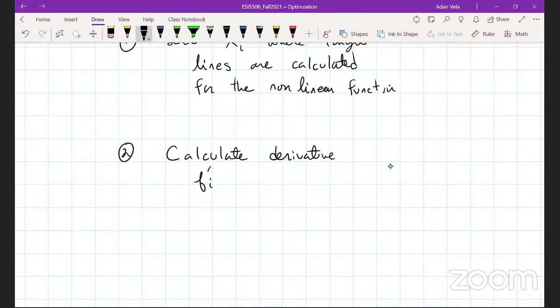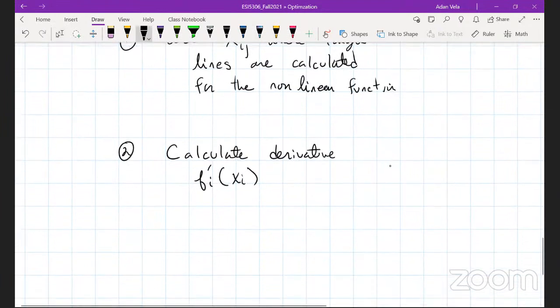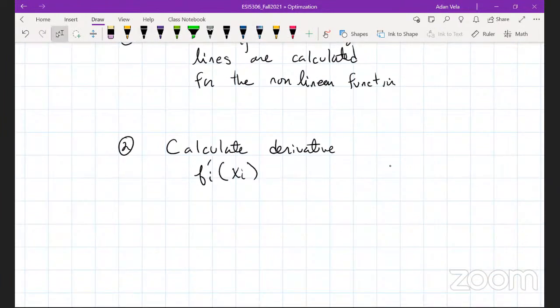And this derivative is calculated for each of the tangent points. Okay. I should probably write xij. So we're going to calculate the derivative of the function fi for each of the tangent points.